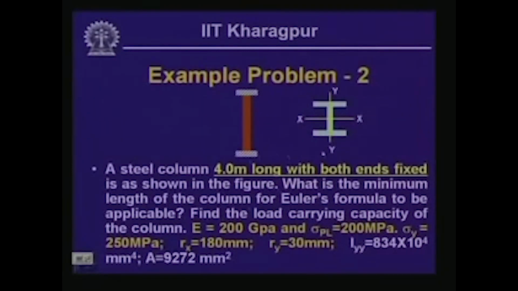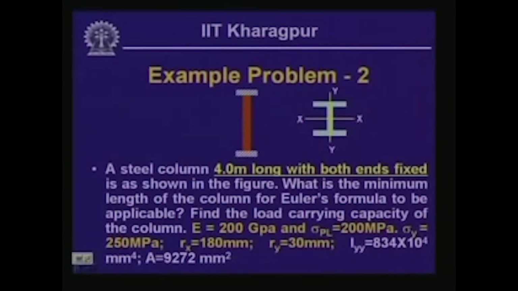For this particular member, the question was what is the minimum length of the column for Euler's formula to be applicable, which we have seen as 2.98 meter, and mind that that is the effective length. Since it is a fixed ended column, the value of the effective length coefficient is half.